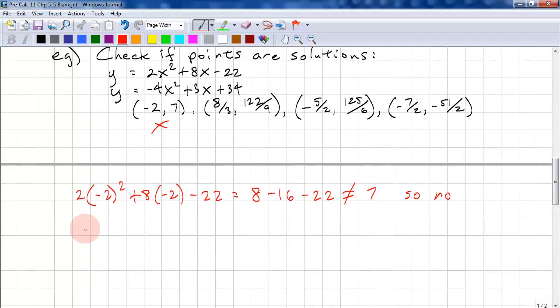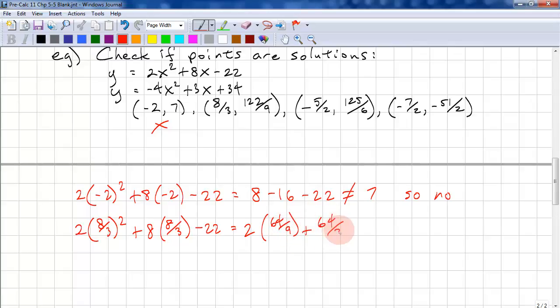Let's look at the next one. We have 8 over 3. So 2 times 8 over 3 squared plus 8 times 8 over 3 minus 22. This is a lot of arithmetic. We have 2 times 64 over 9 plus 64 over 3 minus 22.